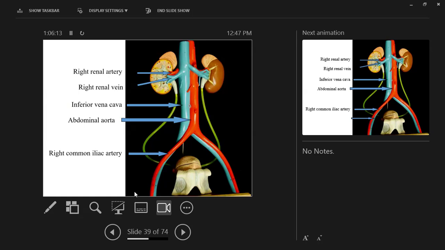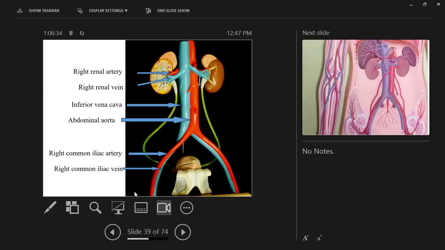Same thing applies here. The right common iliac will be matched by a left common iliac, and you're going to have a right common iliac vein. That's the blue thing underneath it. And on the left-hand side, you'll have a left common iliac artery and a left common iliac vein.